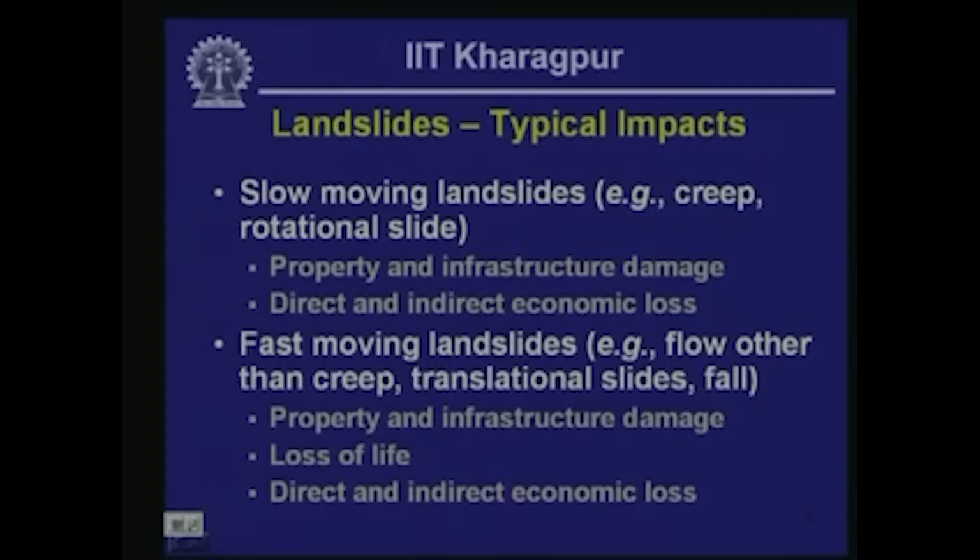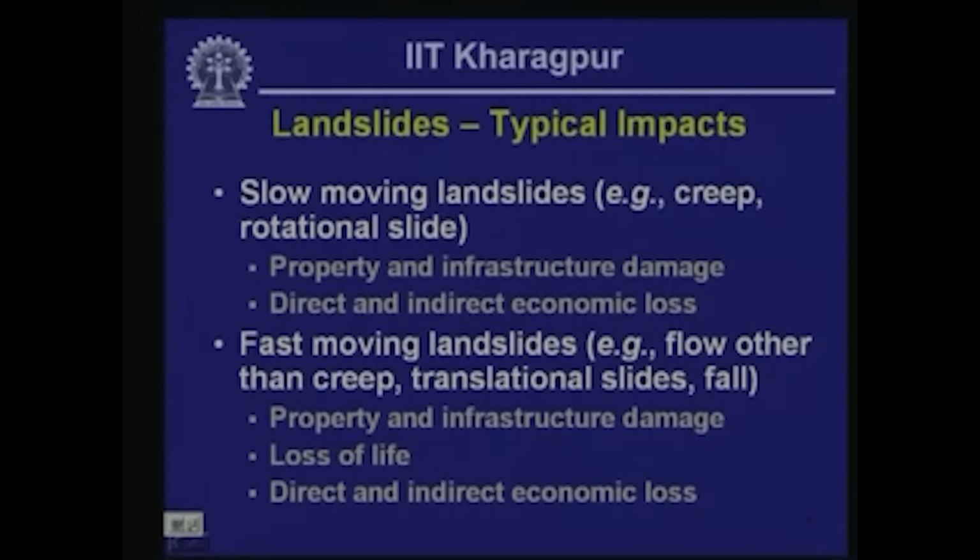Here you can have direct or indirect economic loss. Direct economic loss is the loss that arises because of the damage caused to the property directly as a result of landslide. Indirect economic loss accrues when, for instance, a slow moving landslide causes a temporary shutdown of a highway, and as a result movement of traffic is impeded in that particular zone.